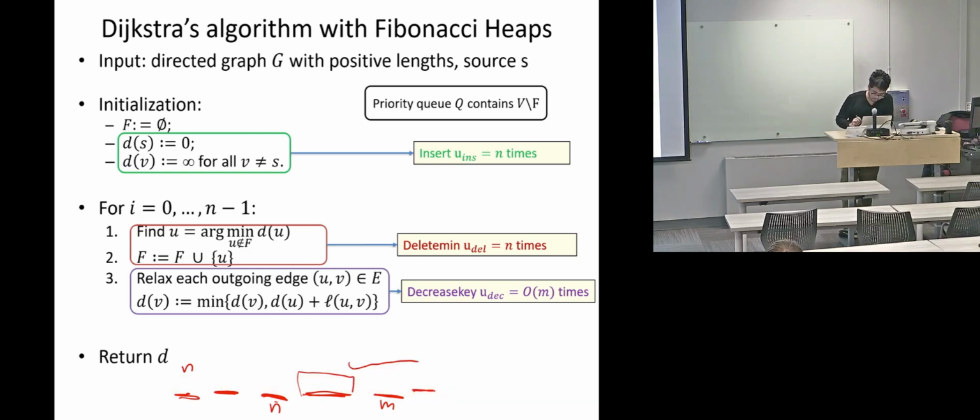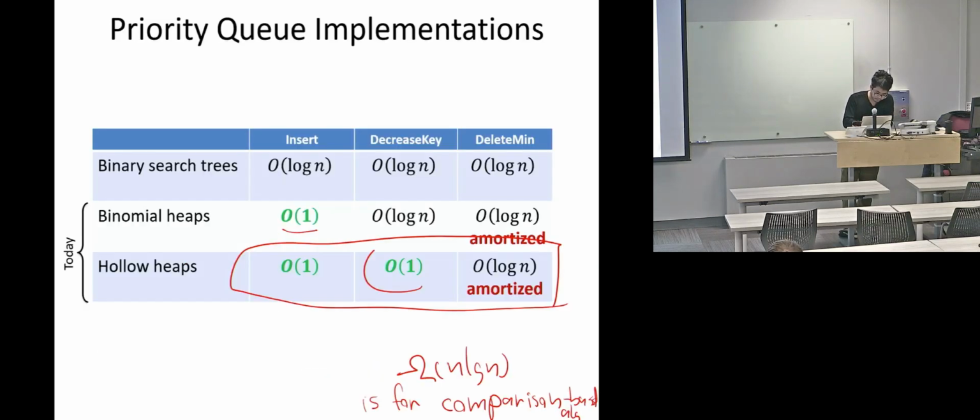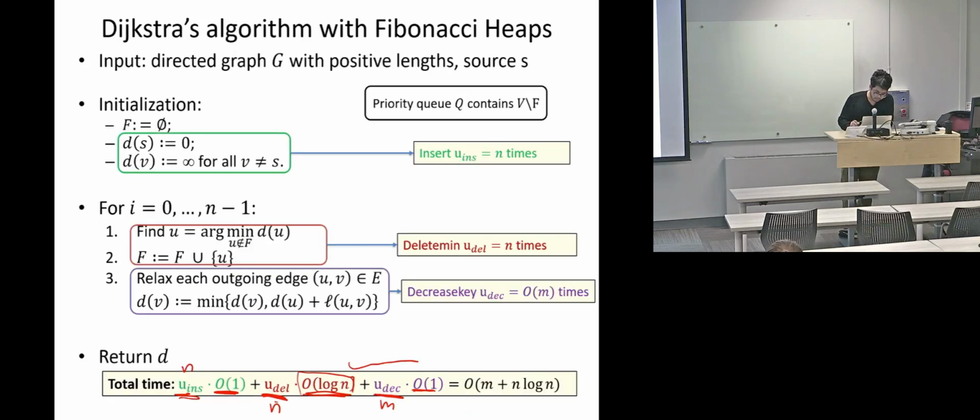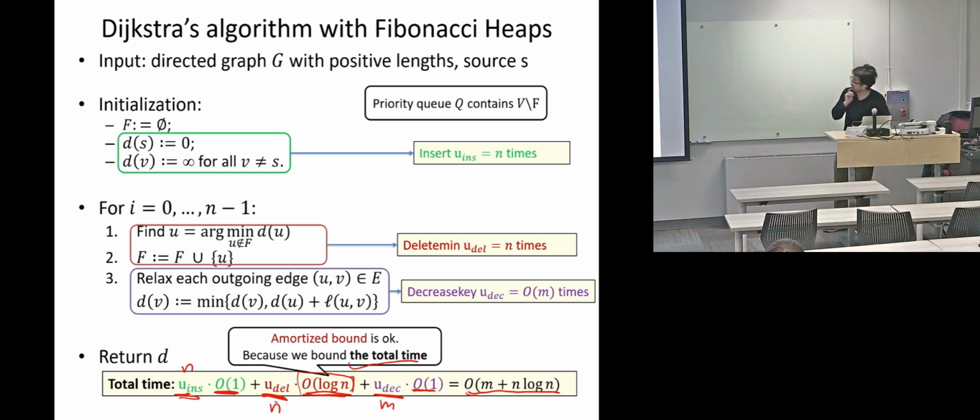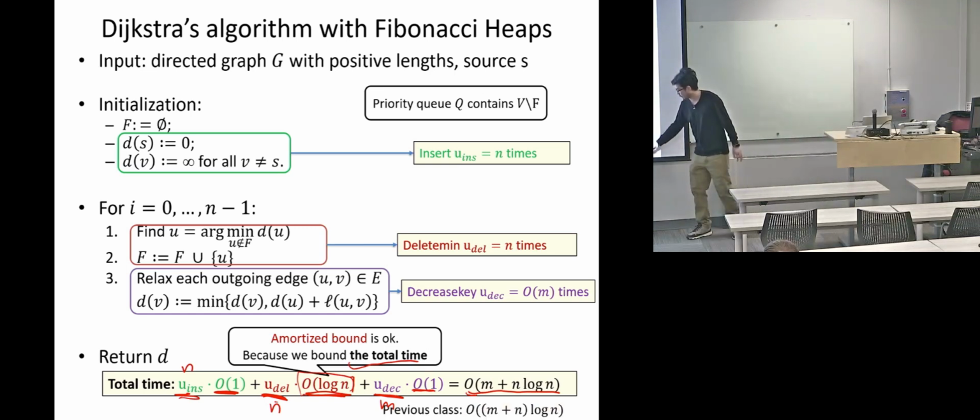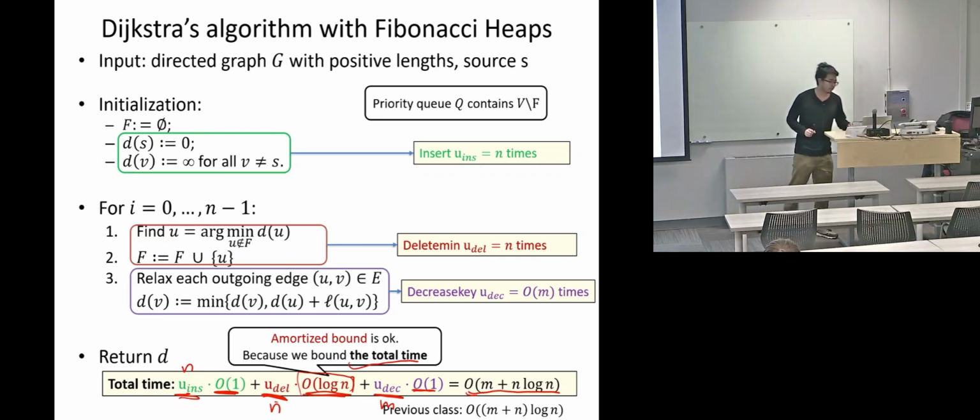So the total cost is gonna be m plus n log n. That's better than m plus n, everything times log n, from last class. So this is basically optimal if the graph is not too sparse. It's just linear time. So that's better.